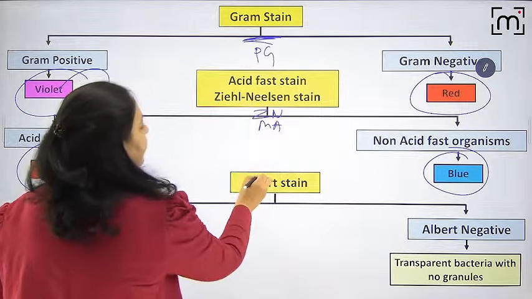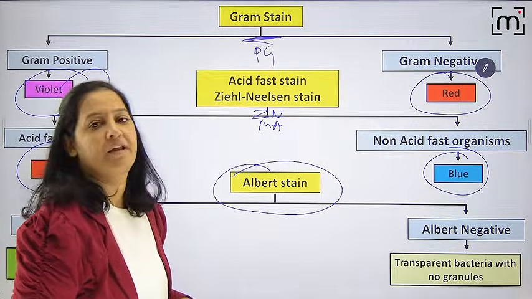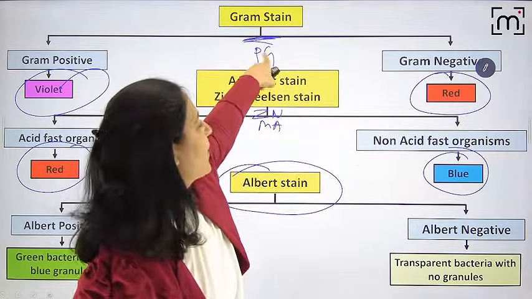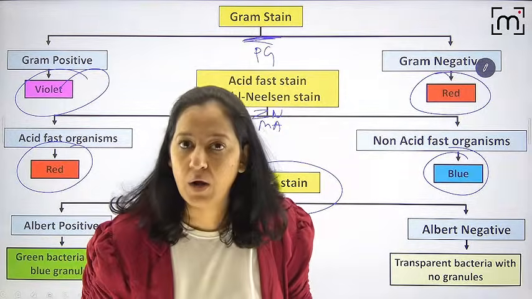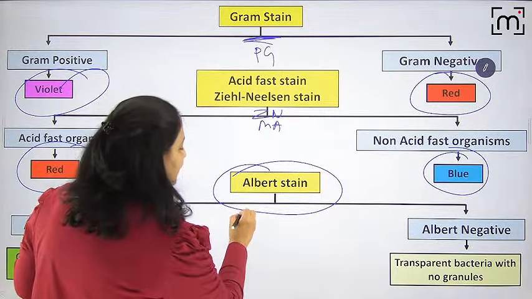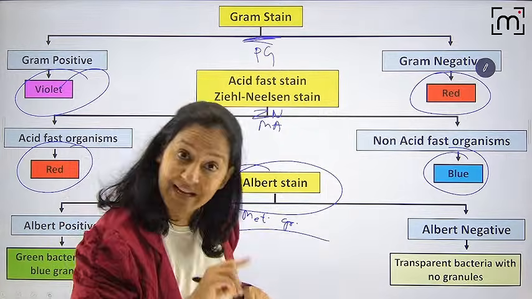Now we are coming to the third and last differential stain, Albert stain. What is the principle here? For gram stain, the principle is peptidoglycan content of the cell wall. For ZN stain, the principle is mycolic acid of the cell wall. Here the principle is not the cell wall. Here the principle is metachromatic granules.